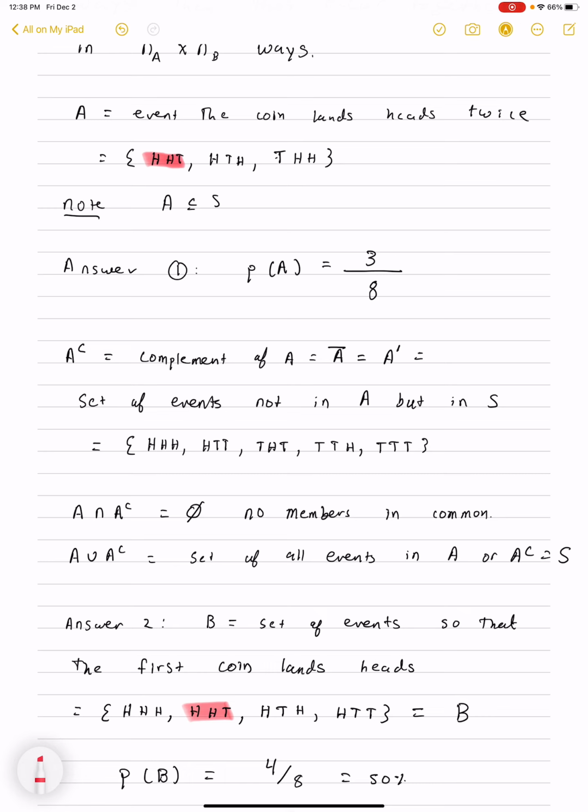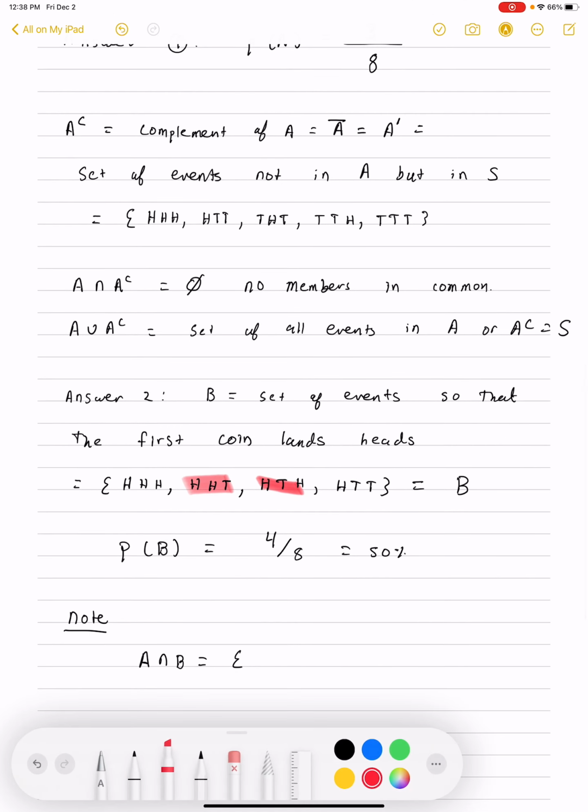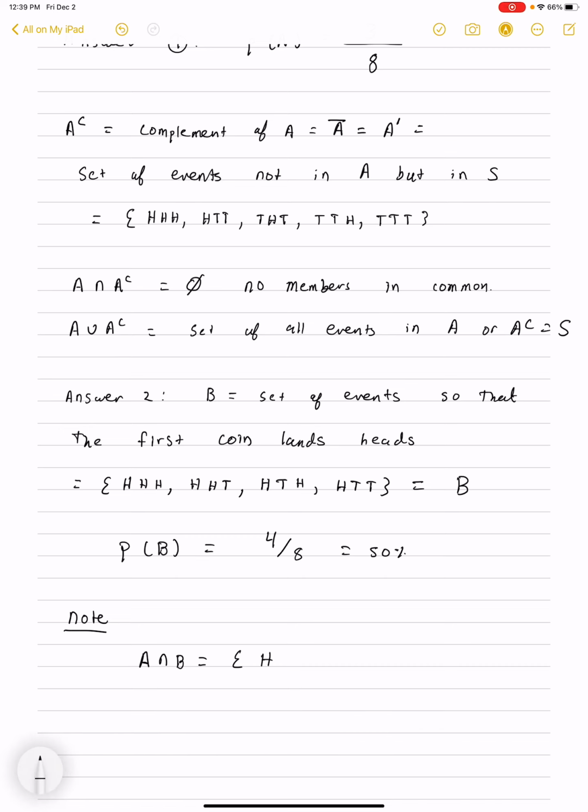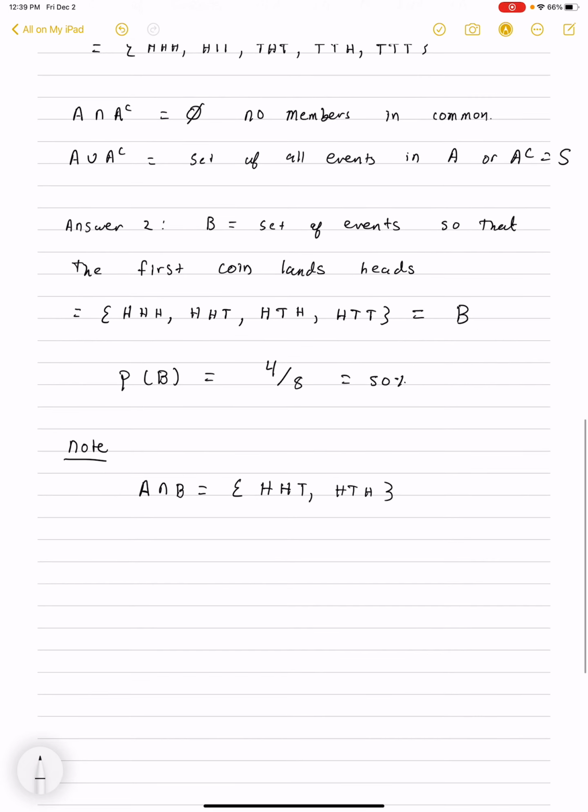We also see they share this event, heads, tails, heads. So if I were to write out the intersection as an exercise, it would just be those two events: heads, heads, tails, and heads, tails, heads. They share two events in common. If I was asked to calculate the probability of A intersect B, that's going to be 2 out of 8, or 1/4.